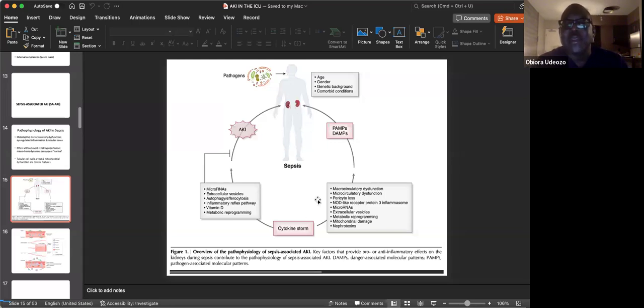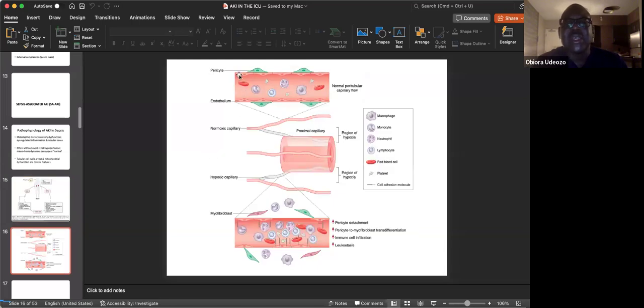Now, when this dysfunction is happening at the microcirculatory level, you have some cells called the pericytes. The pericytes are right here, right on the microcirculation, the capillaries. They are responsible for maintaining the structural integrity of the wall, preventing fluid leakage, edema, and infiltration of cells.